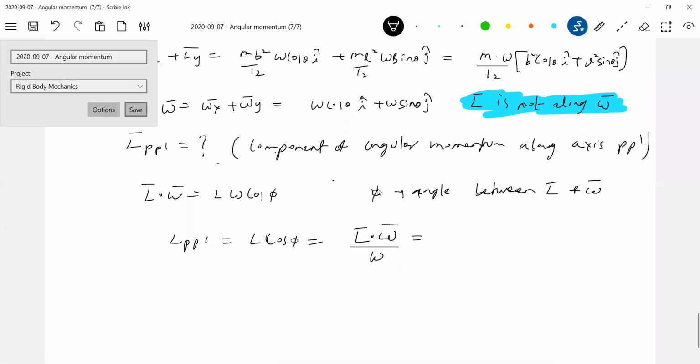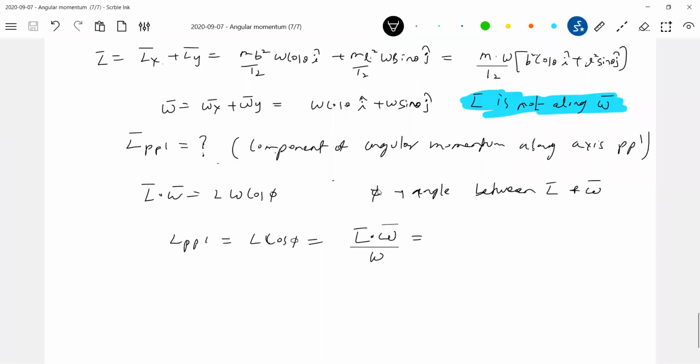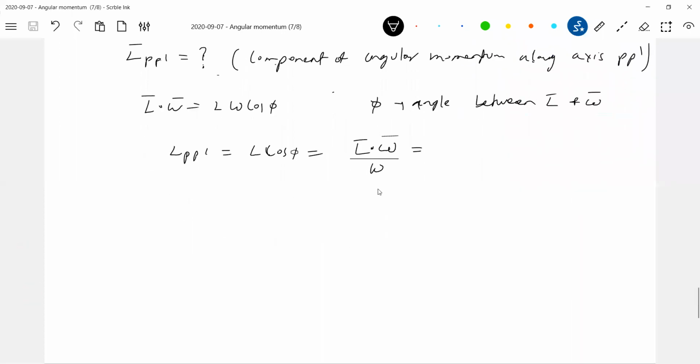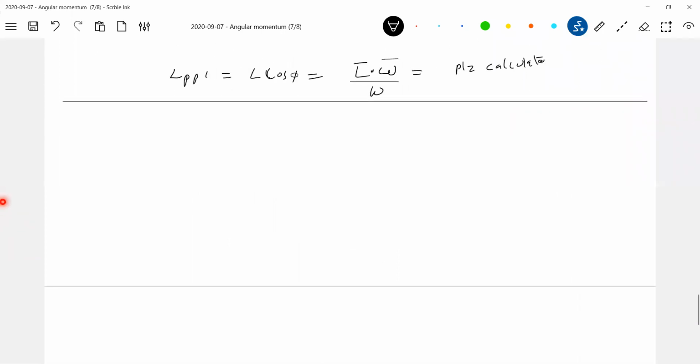Okay, let me take another question. This is about a rotating rigid body. I'm just trying to give some basic picture. Let me give one more condition. You have to work this out, please calculate. I'll take the next page here.